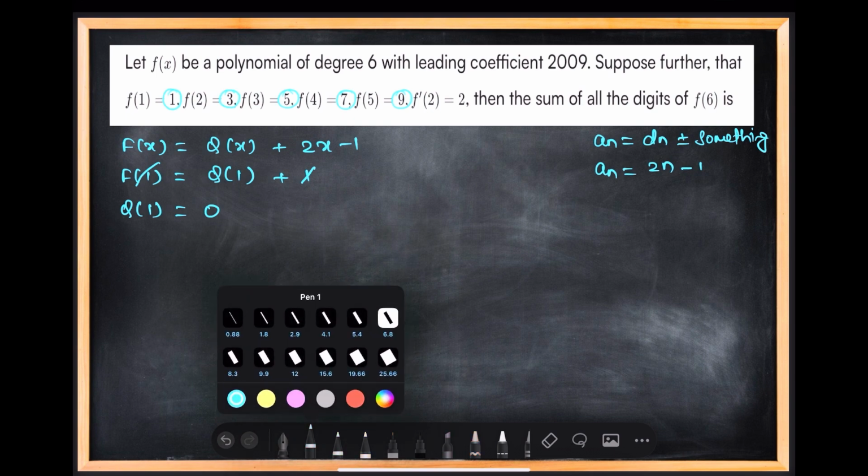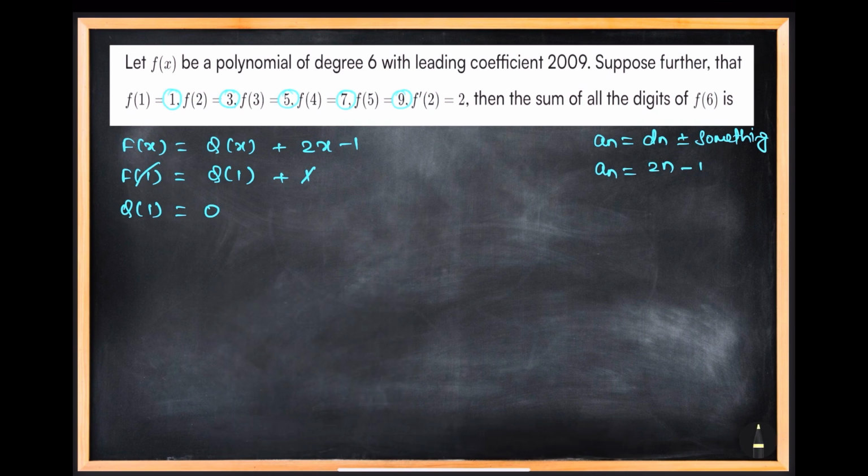Similarly, we will write q of 2 is equal to 0, q of 3 equals 0, q of 4 equals 0, q of 5 equals 0. We can go till 5.